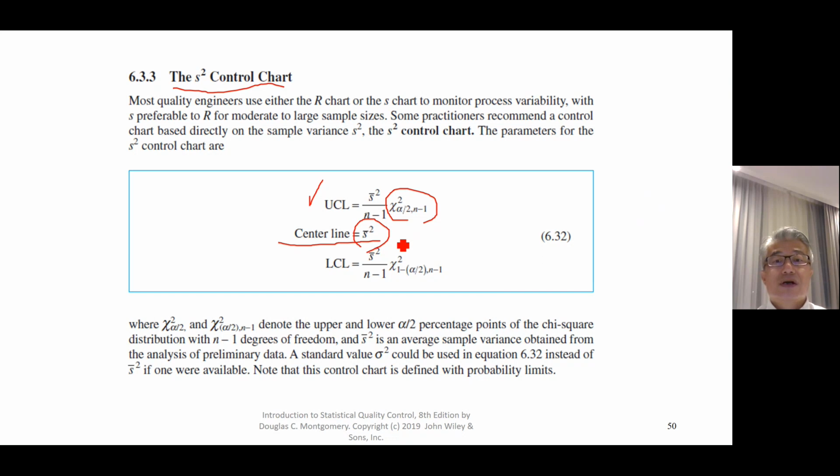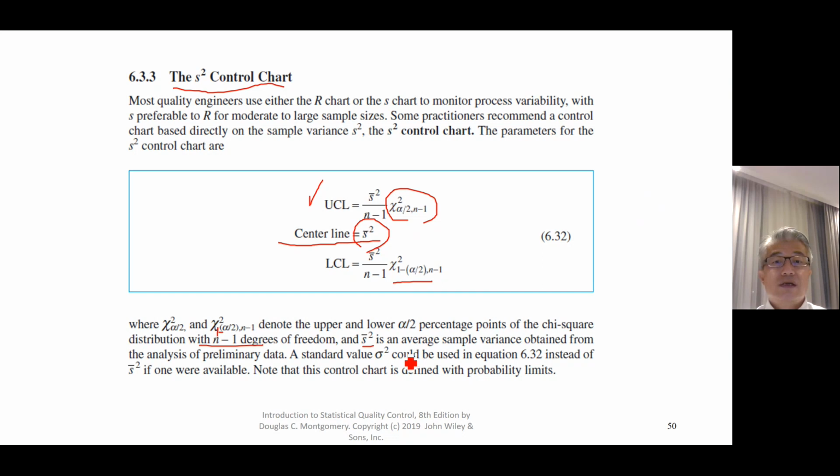Then the lower control limit is also based on the chi-square, where chi-square alpha over 2 is the right tail probability, and the lower one should be 1 minus alpha over 2. These denote the upper and lower alpha over 2 percentage points of the chi-square distribution with degrees of freedom n-1.